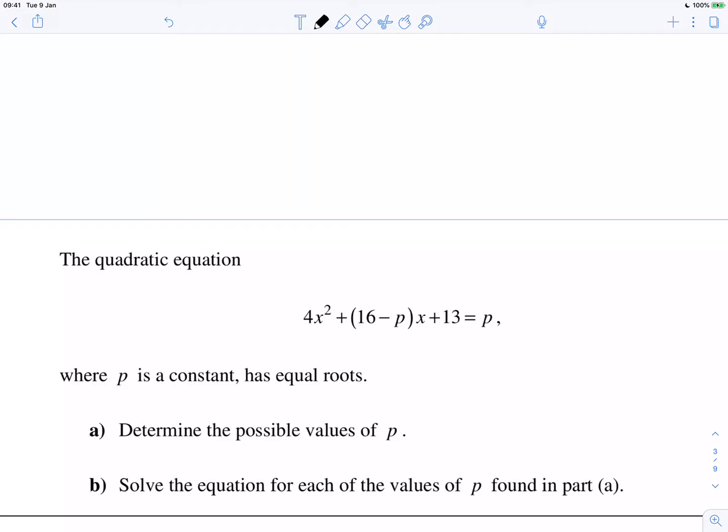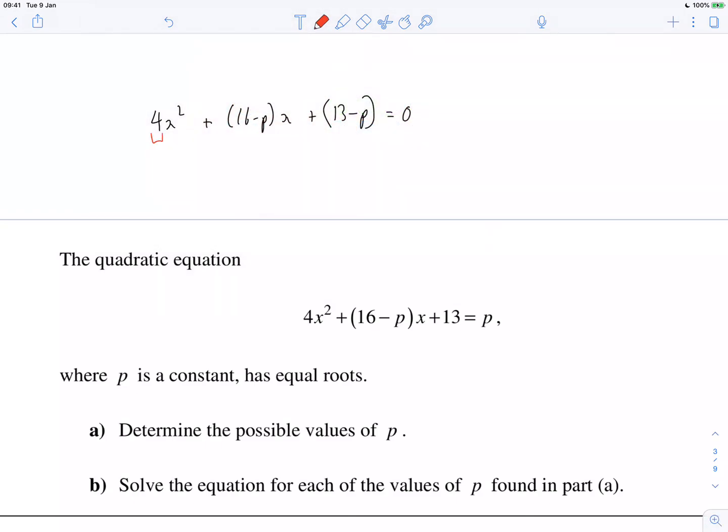Okay, the quadratic equation, where p is a constant, has equal roots. Determine the possible values of p. Right, so that means 4x squared plus 16 minus p, lots of x, plus 13 minus p, set equal to 0, is our quadratic.